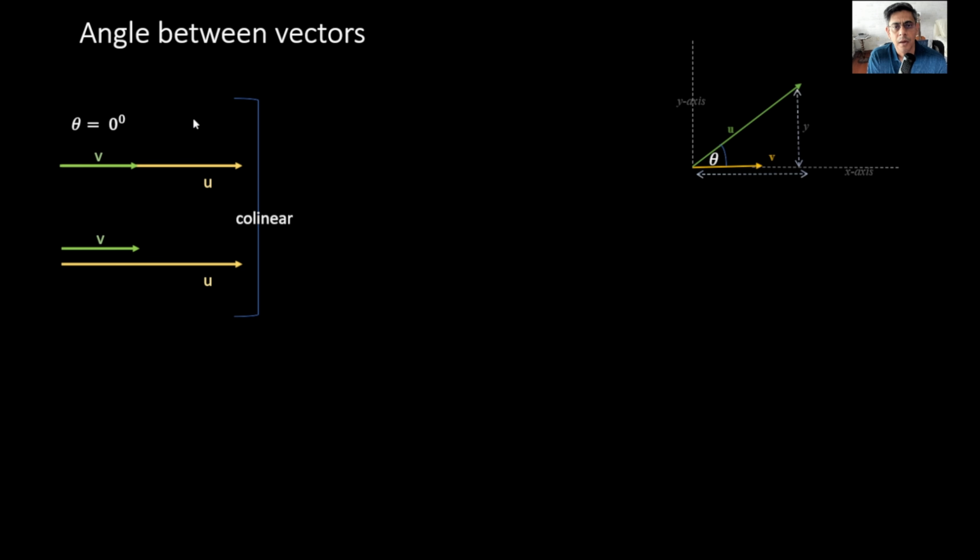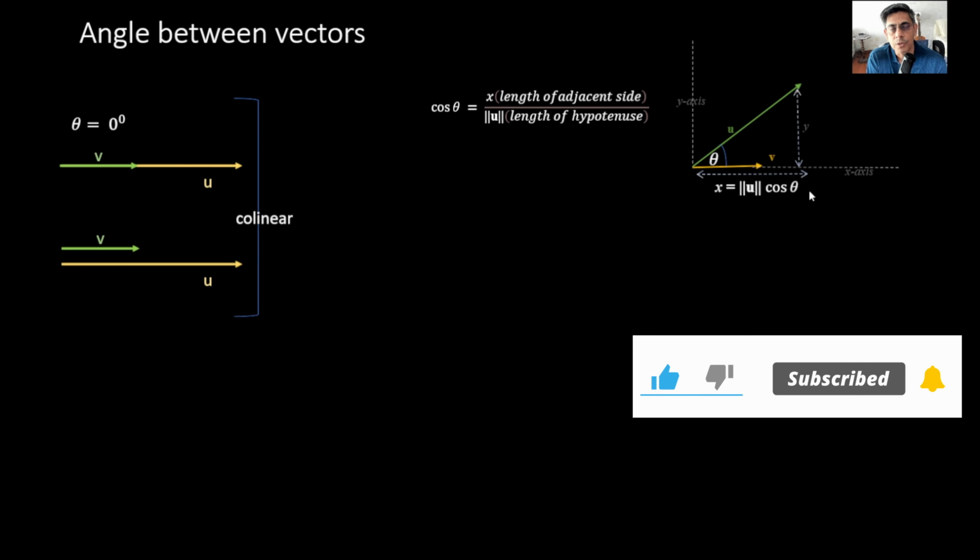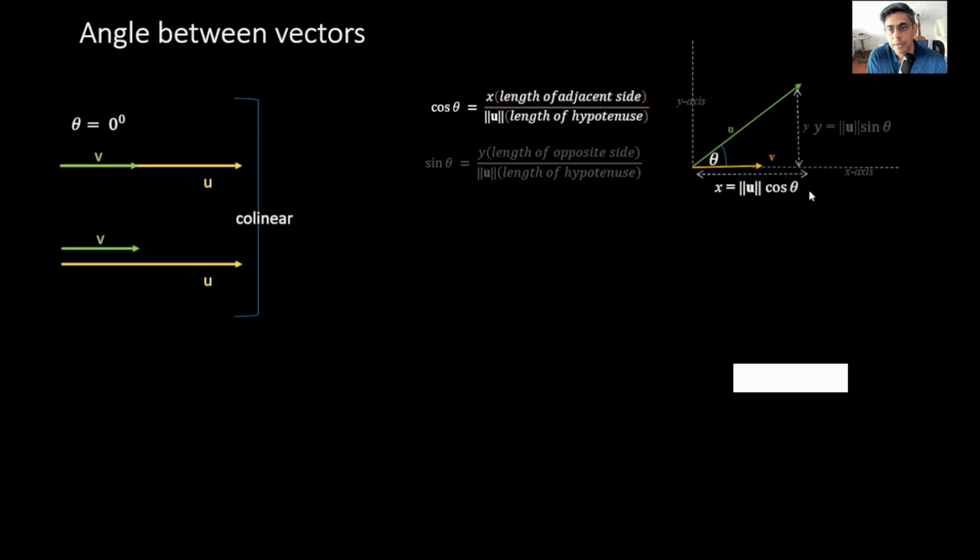Otherwise, when it is not 0, we get into a scenario like this. It is represented by theta not equal to 0, and then cos theta can be represented by the x, which is this direction, and the length of u, which is this vector. Therefore, x is basically norm of u cos theta. Similarly, we get sin theta also, which is y equal to norm of u sin theta.